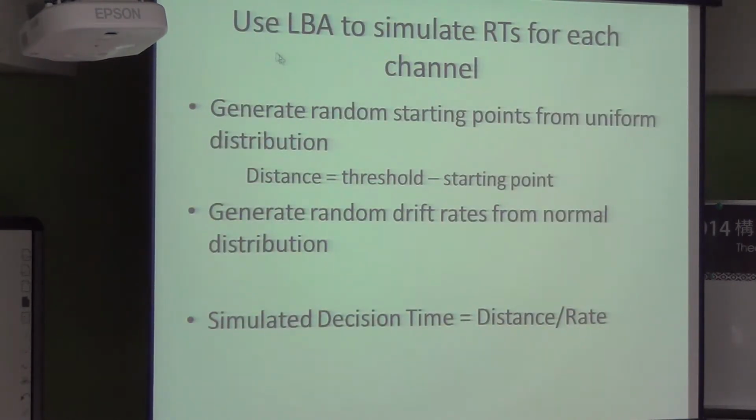So what we're going to do is generate decision times from each channel of the LBA. The simulated decision time is going to equal the distance we have to travel, which is the threshold minus the starting point, divided by the rate of processing. And we're going to generate a bunch of decision times.